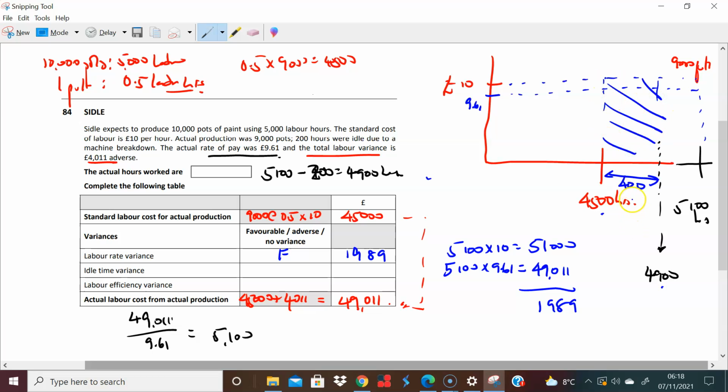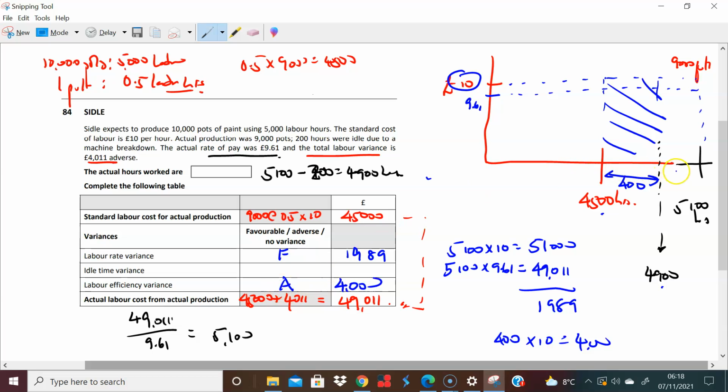So 400 times 10, because the standard is £10 an hour. 400 adverse. 400 times 10 is equal to 4,000. And so you have here 4,000 adverse.